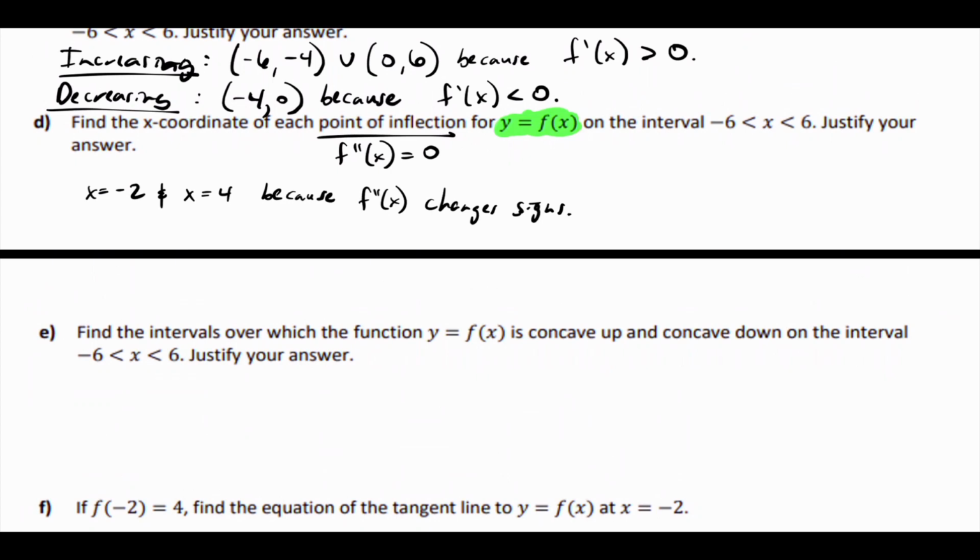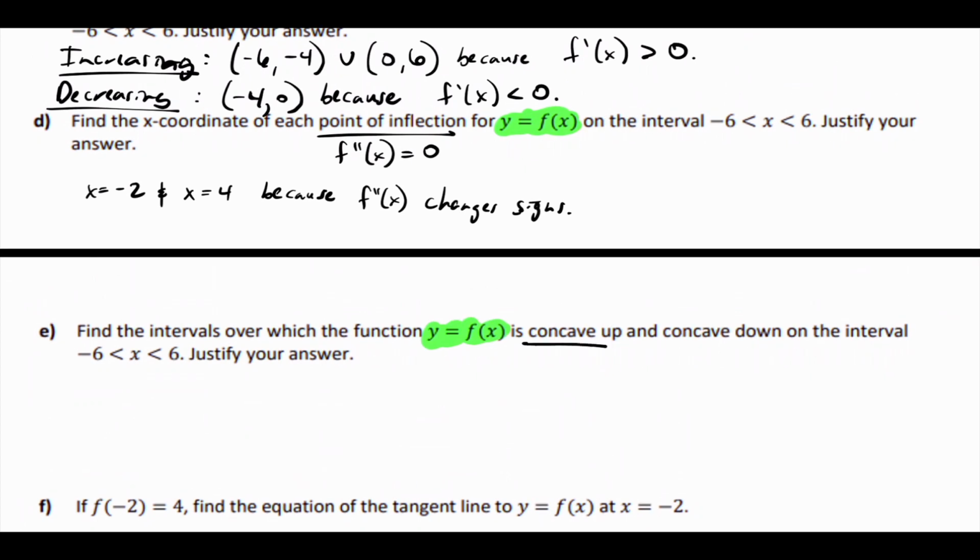Okay, so go back to second derivative now. Where is it concave up and concave down? Well, if positive y values on the graph mean increasing and negative y values on the graph mean decreasing, where is it going to be concave up and concave down? We're not going to look at the y values. What are we going to look at instead? Slopes.